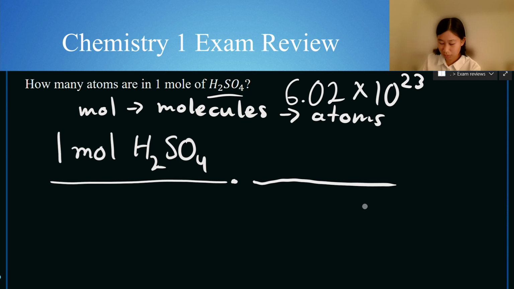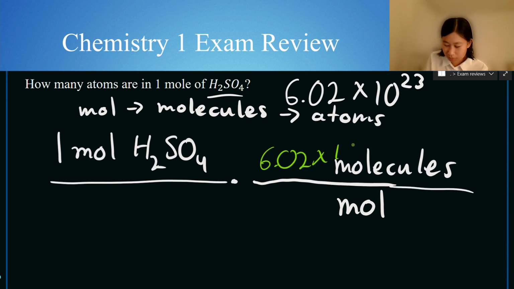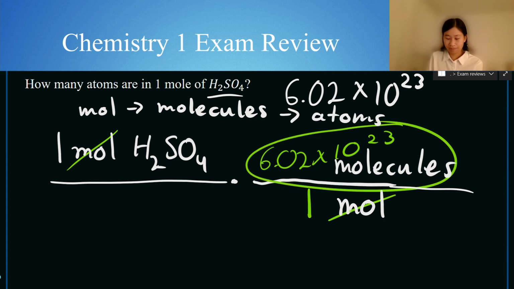So moles will go on the bottom, molecules will go on the top, and I will put the corresponding numbers. I'm going to use Avogadro's number and say that there are 6.02 times 10 to the 23 molecules in 1 mole. Moles go away, okay, and we're left with this many molecules.